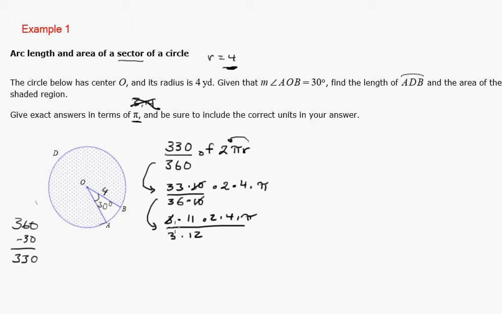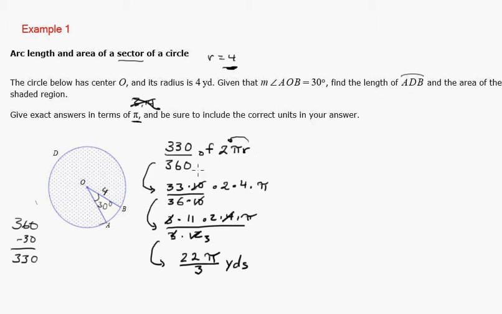So the 3s cancel, and 4 goes into 12 3 times. Nothing else cancels, so I multiply 2 times 11 and get 22 pi over 3. That's the measure, and that would be yards, because that's the distance all the way around.